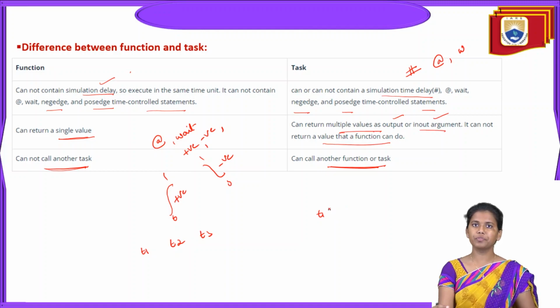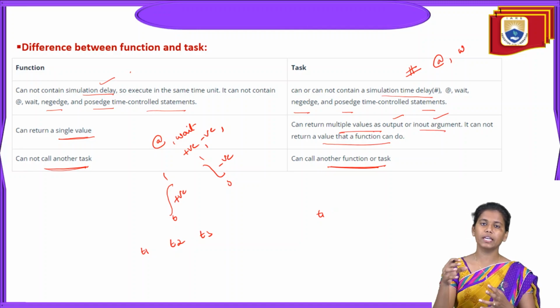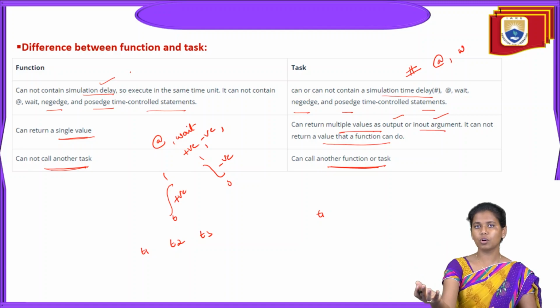After the termination of T1, automatically T2 would come into existence, right? But in the task, when T1 is in process, there is access to getting another task T2, right?